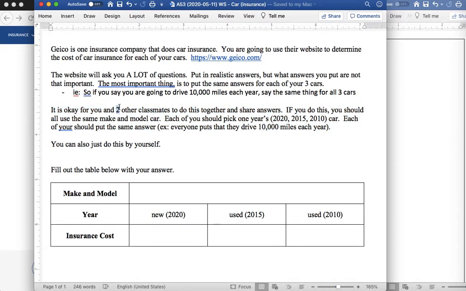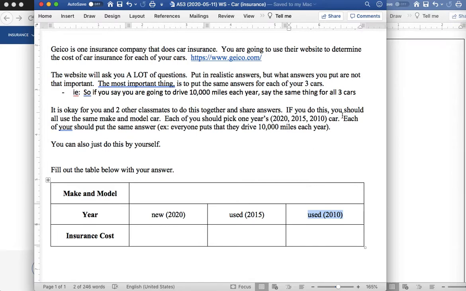You are allowed to get 2 other classmates, and you could all just do this together and then share answers. Each of you would pick a different year, but you would be using the same make and model. So if you have Honda Civic as your make and model, one of you does the 2020, one of you does the 2015, one of you does the 2010.